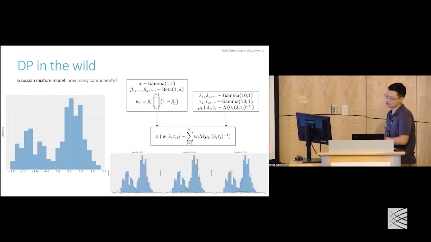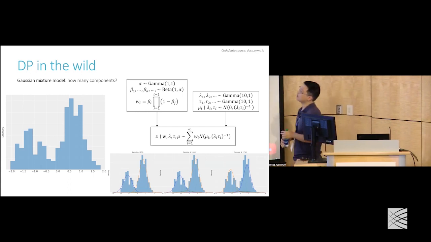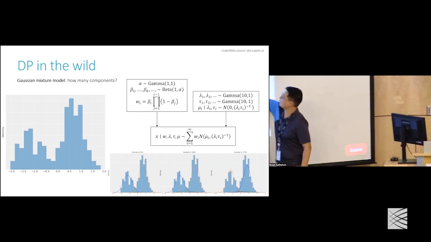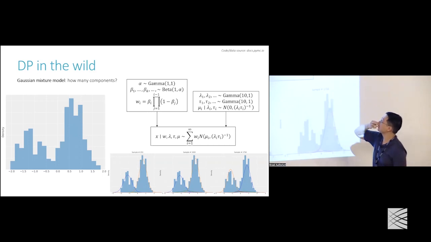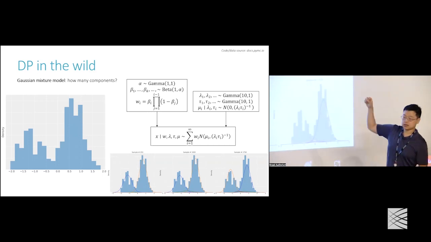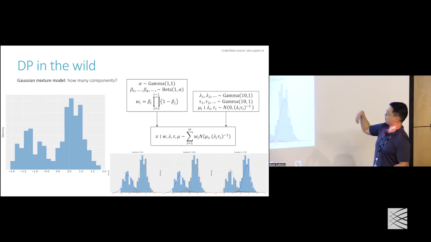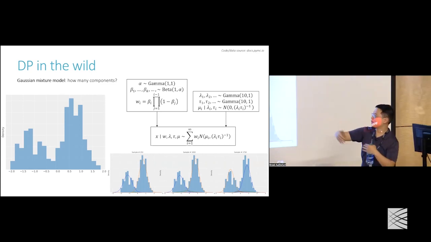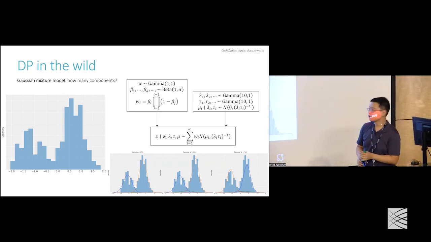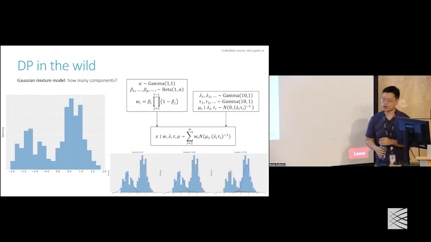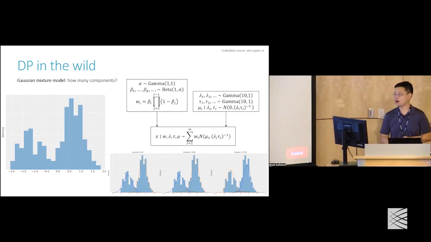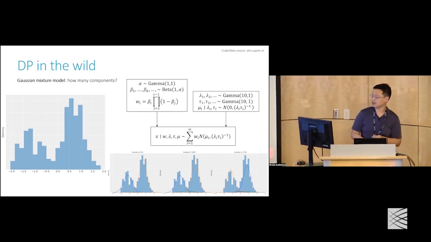So here's an example of what you can do. You can assume that the observations are normal. It's a mixture of Gaussians, but the number of components is theoretically infinitely many, but the weighting of the components is random. And maybe you can decide that I'm only going to look at the components with weight at least 10 to the minus 3 or something.